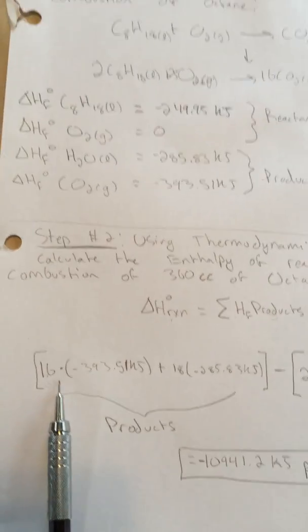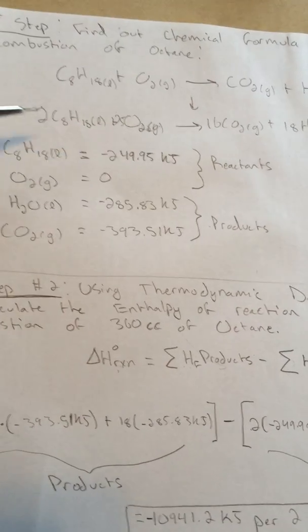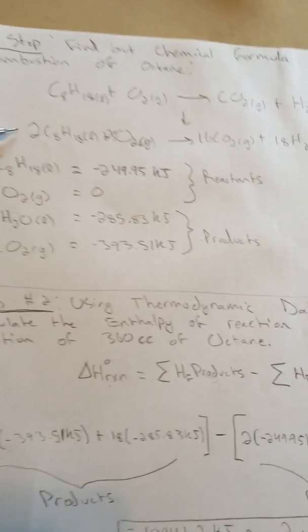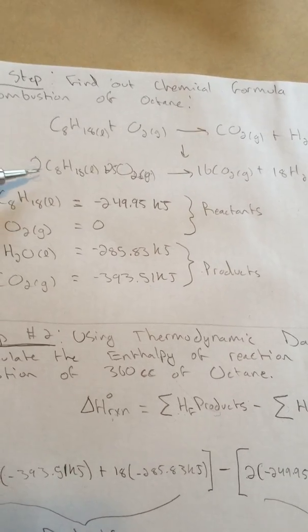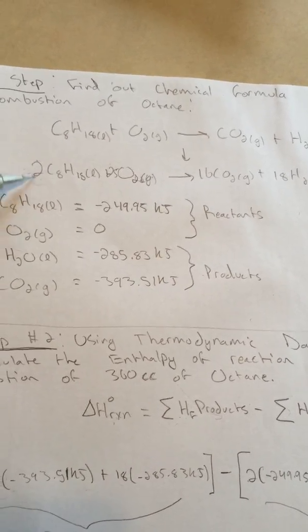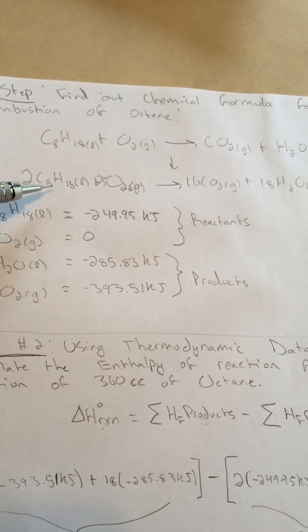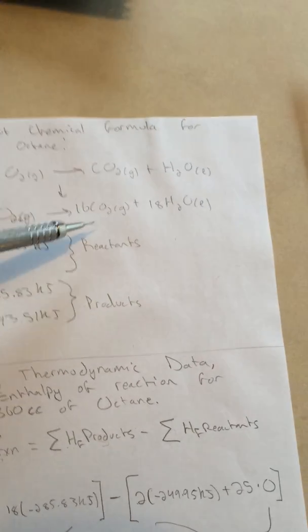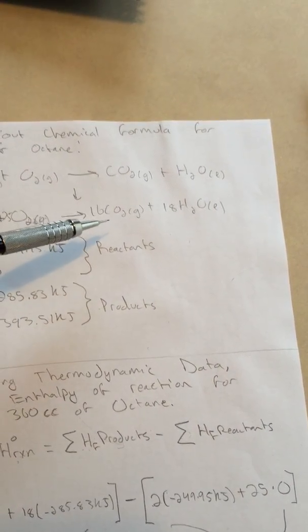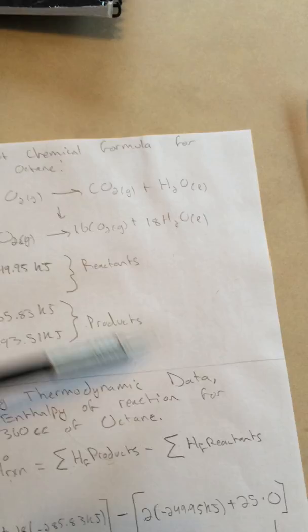They refer to the number of moles of those materials in our balanced chemical equation. So we could say 2 moles of C8H18 and 25 moles of O2 react to give us 16 moles of carbon dioxide and 18 moles of liquid water.